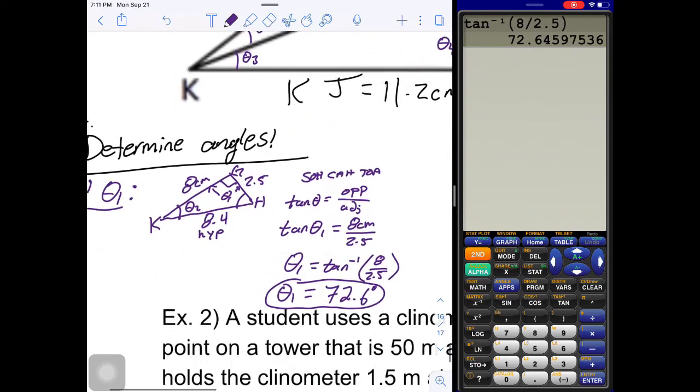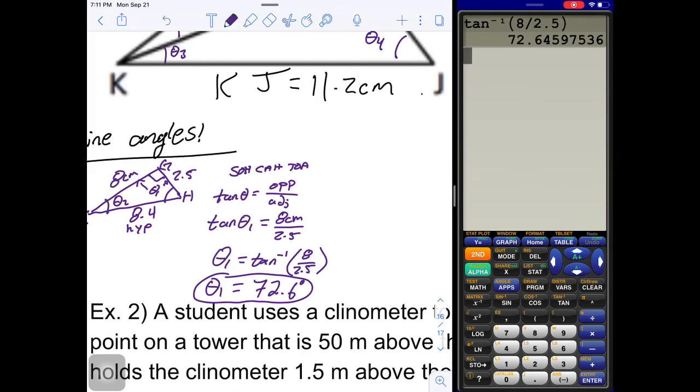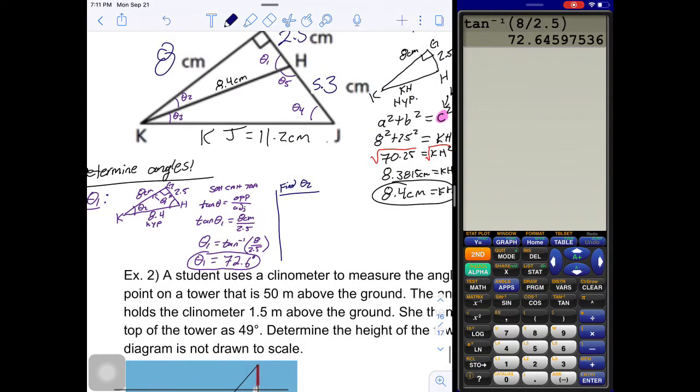Why can we easily find angle 2? Well, remember, all the angles in a triangle add up to 180 degrees. So my next step here is going to be find angle 2. The way I'm going to do that is because I know angle G plus angle 2 plus angle 1 equals 180 degrees. That's true for every triangle.